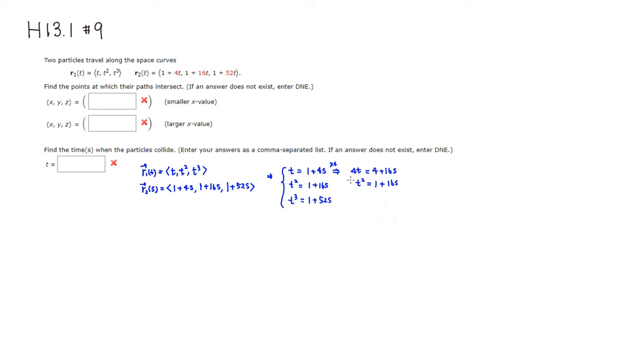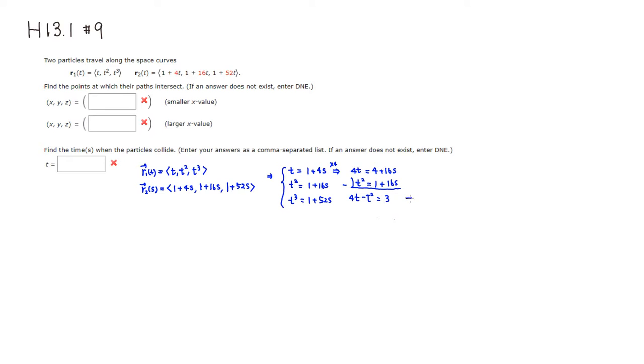Subtracting these two equations, we have 4t minus t squared is equal to just 3. So we have a quadratic equation that we can solve.